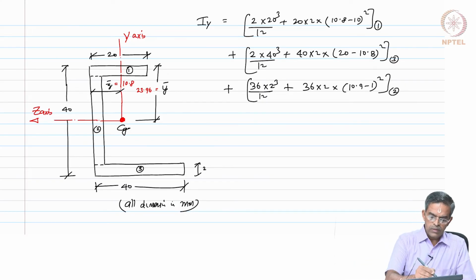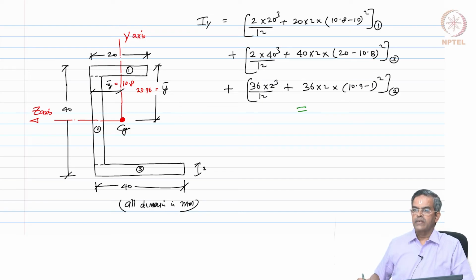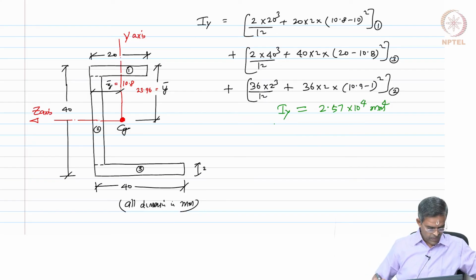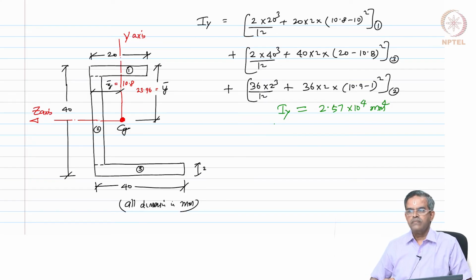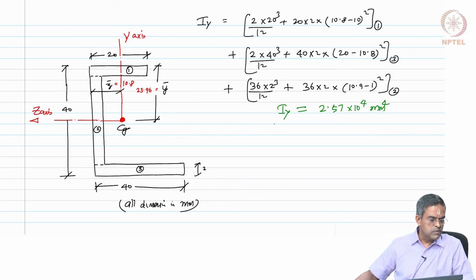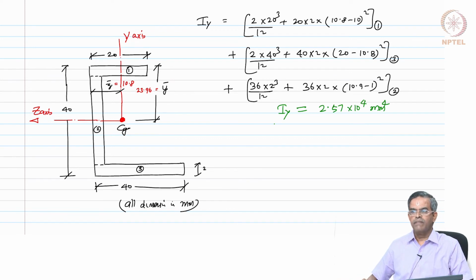So, if I do this, I will get Iy as 2.57 into 10 power 4 mm4, which is Iy. Okay, friends, this is first principles, there is no confusion in this, very clear. We have used the parallel axis theorem.